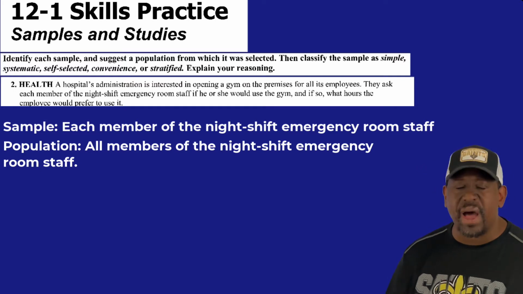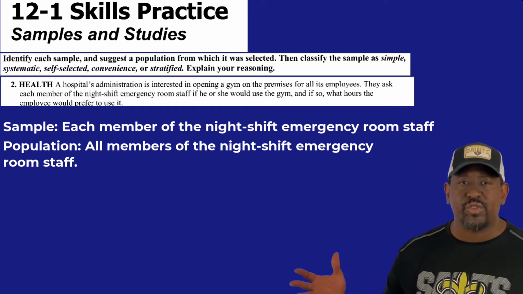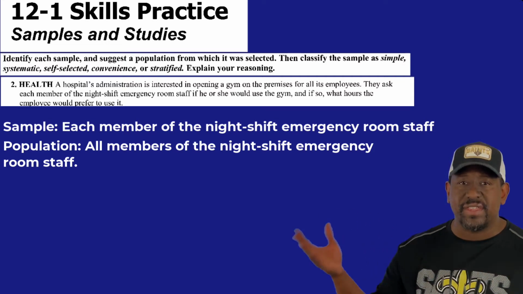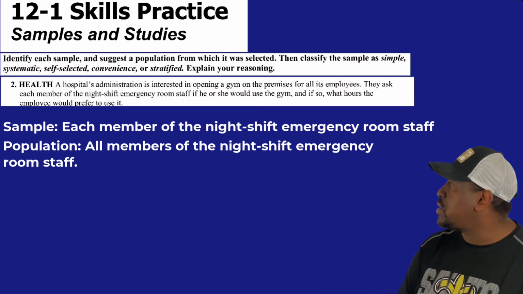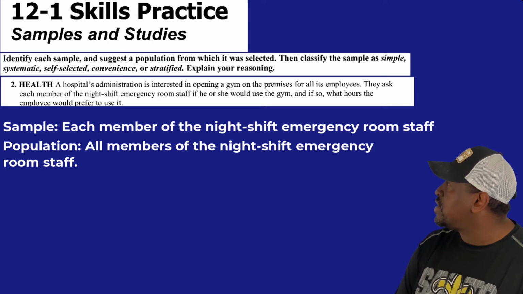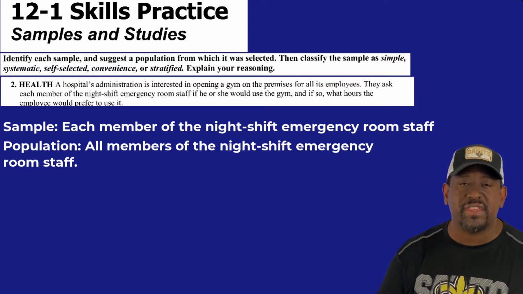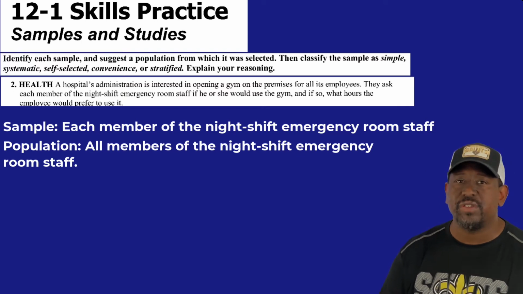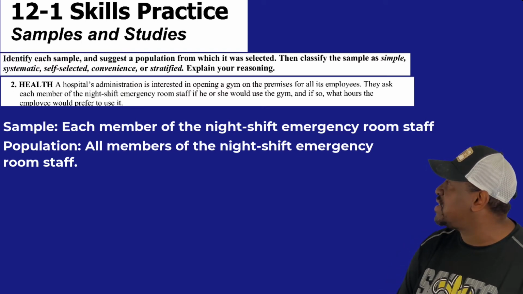So again, population is more of a general thing. Samples are more specified within the bigger group. So that's important we know that. When they ask us to classify the sample, we decide that this sample is what we call a convenience sample.